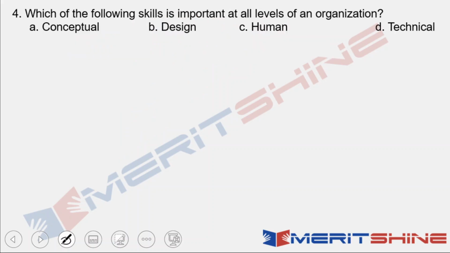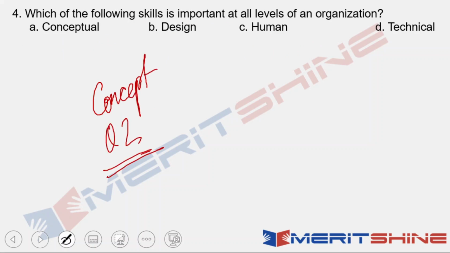Next. Which of the following skills is important at all levels of an organization? Again, this question is based on the concepts that we did in question number 2, levels and skills of management. I'll not go back to that. Just do this question by yourself, by trying to recollect what we discussed.